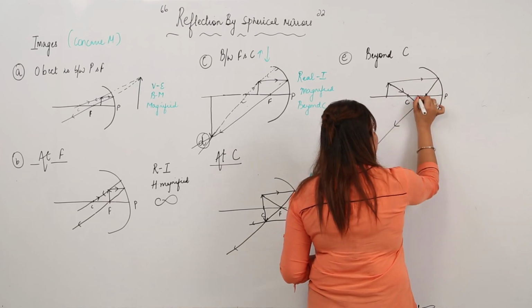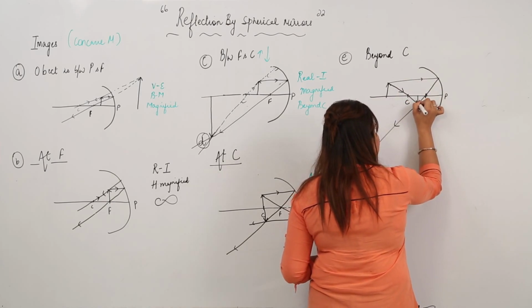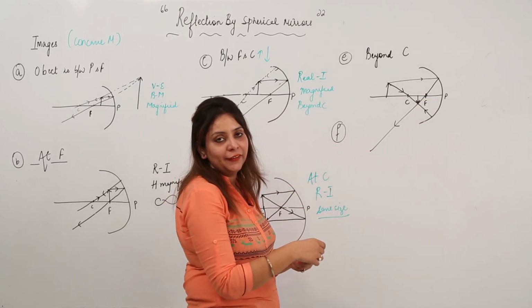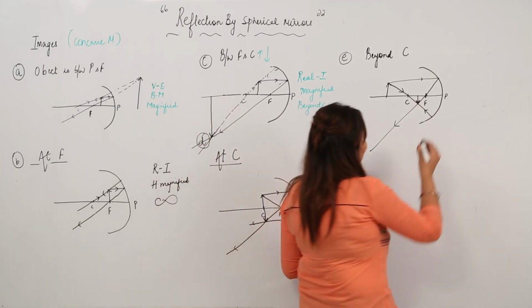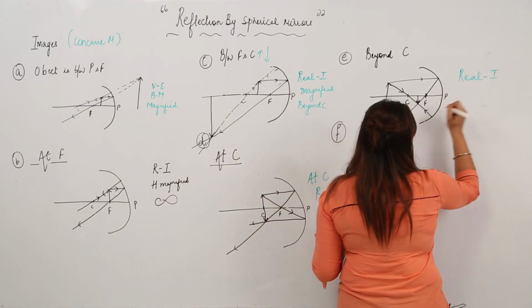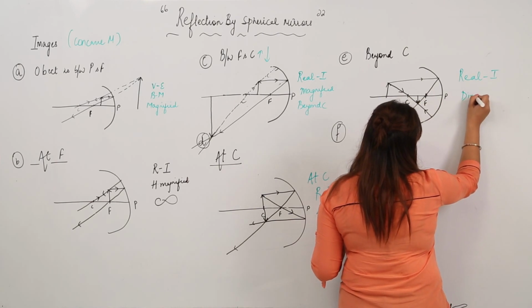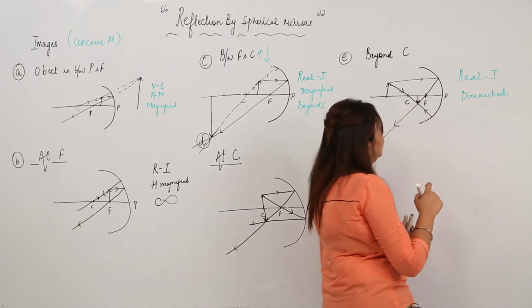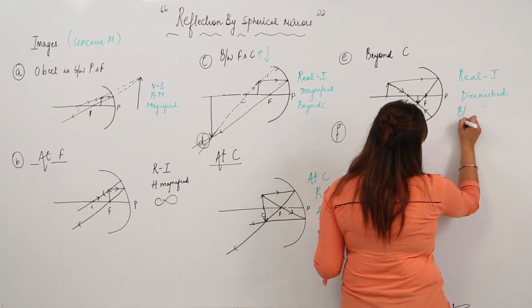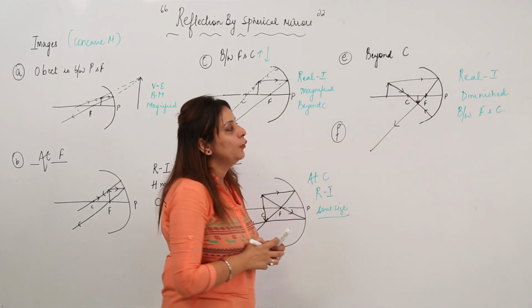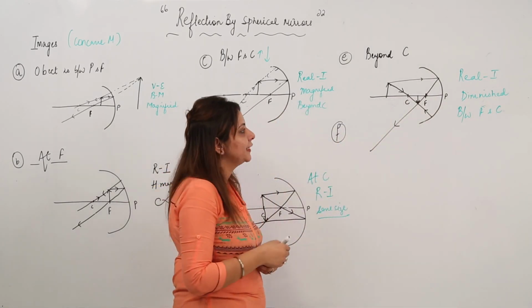They meet here. So this is the image. It is so simple to draw. Because they are actually meeting, it is real but inverted, and as you can see, it is smaller in size. The smaller one is said to be diminished, that means it is smaller than the object. And it is formed between F and C. So this is how we make an image when the object is beyond C.